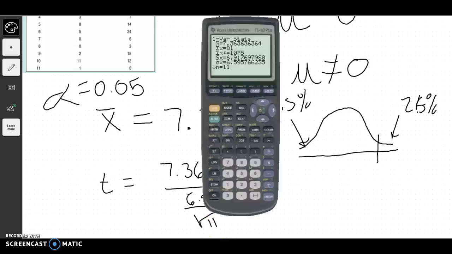So let's figure out by the calculator what that would be. So 7.36 would be the top. Divide that by 6.9 divided by the square root of 11.